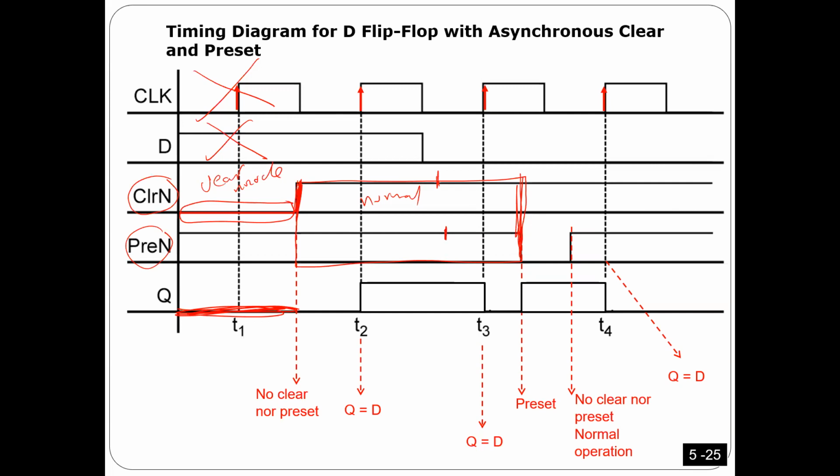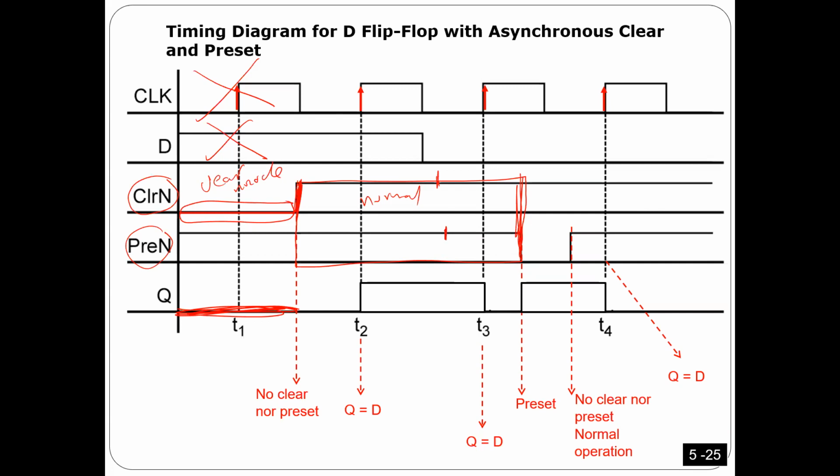And in between, no change, again because this is the normal operation. But if there is a clear or set, it's going to happen immediately. At this moment here, D is 0, so this one will be 0.